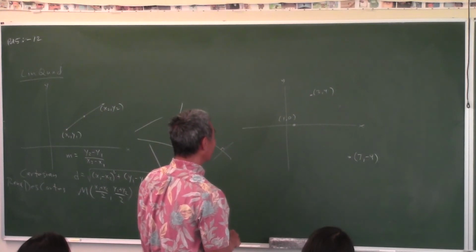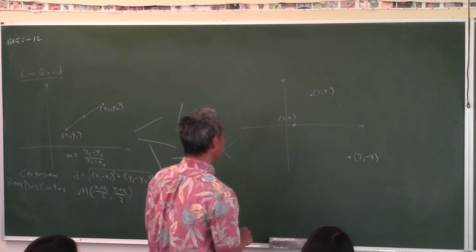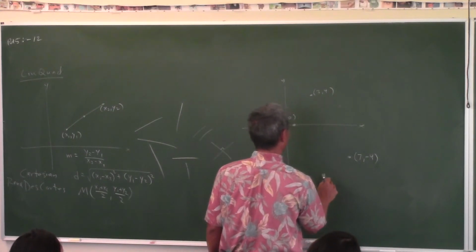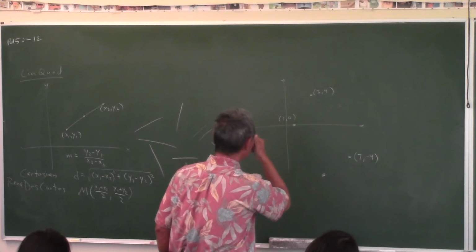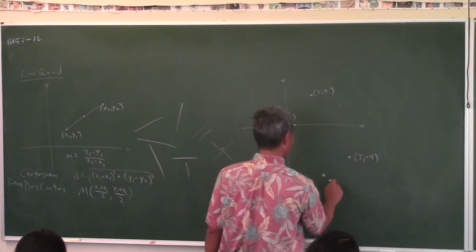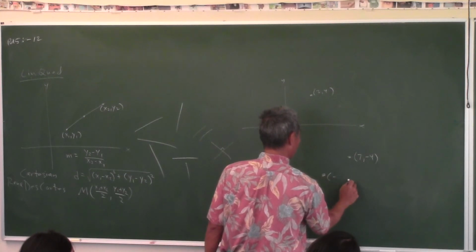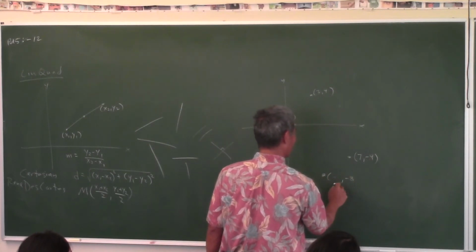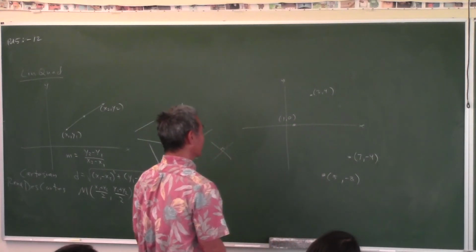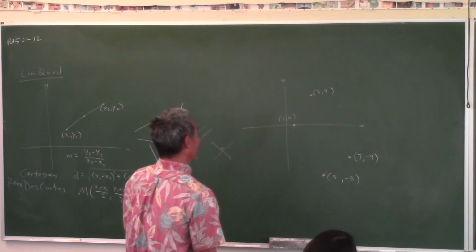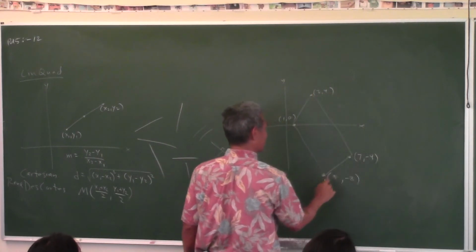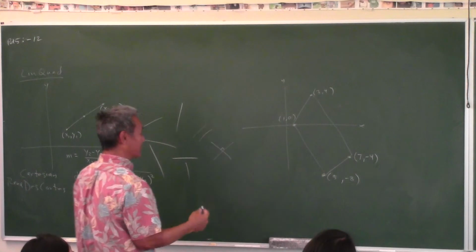I'm trying to come up with a problem, but it's not working. 5, negative 8. Negative 5, 5. Is that right? Am I doing this correctly? Okay, whatever. We're just gonna go with it. Now this is just a sketch. This is not the problem.